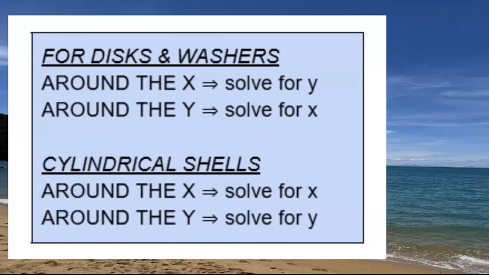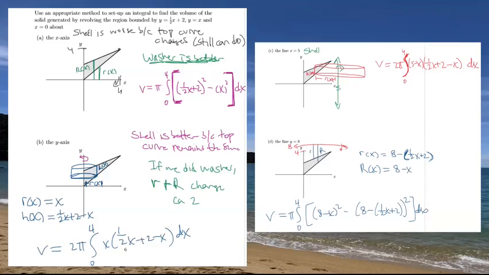If you do the wrong one, there's no wrong way, but you'll figure out that it's really hard to figure out what R of X is or H of X or something. That's how you'll know that it's not the best choice. But to recap, for both of these methods, to find where it starts and ends, you set the equations equal to each other.